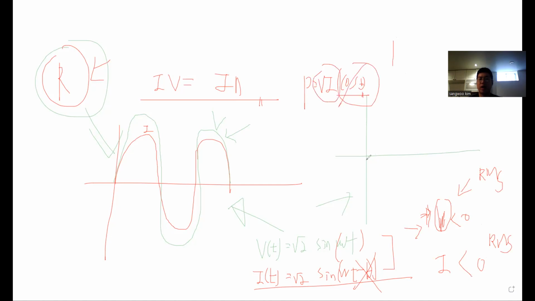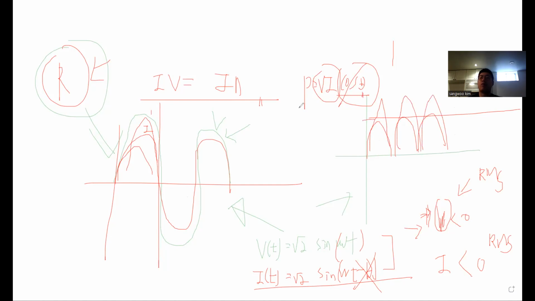So P is VI. If we multiply V and I, the first part here is plus, right? Plus times plus is plus, minus times minus is also plus, and plus times plus is plus. So we could explain this like that.